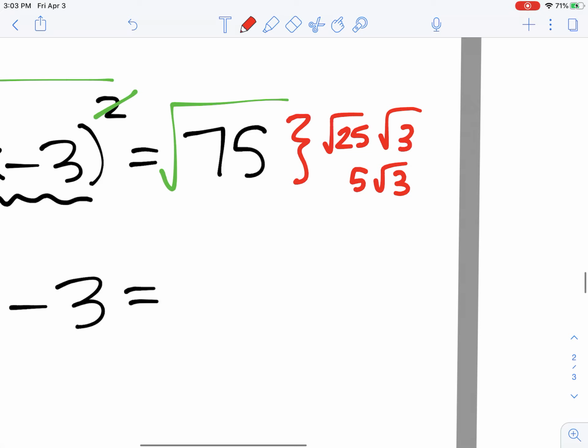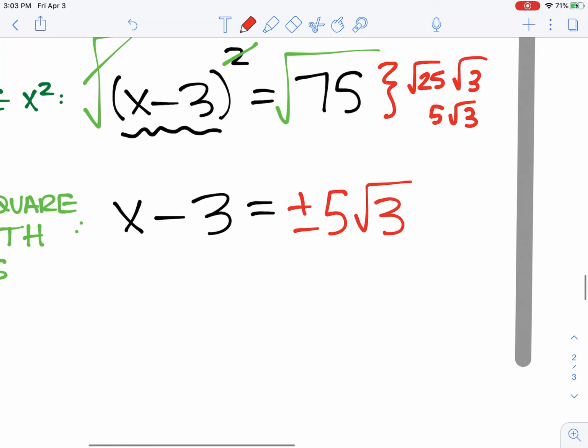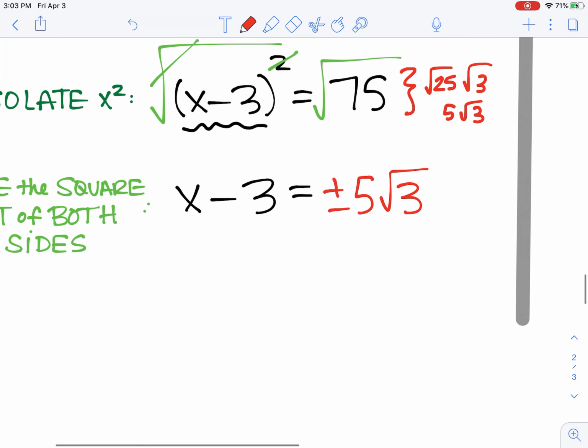So if you were aiming for an exact answer, the square root of 75 would give you 5 radical 3. And remember, since 75 was positive, we have two solutions. That would be a plus or a minus. I will finish this problem out here in a second with how you'll tackle it if you do an approximate answer.